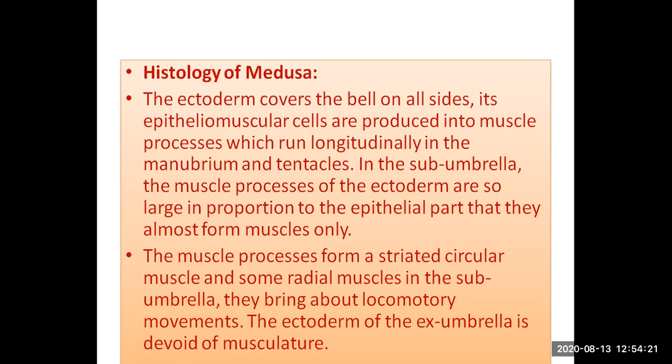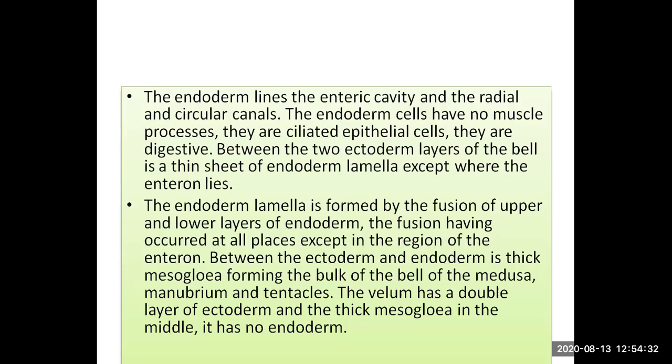The ectoderm of the exumbrella is devoid of musculature. The endoderm lines the enteric cavity and the radial and circular canals. The endoderm cells have no muscle processes. They are ciliated epithelial cells. They are digestive.